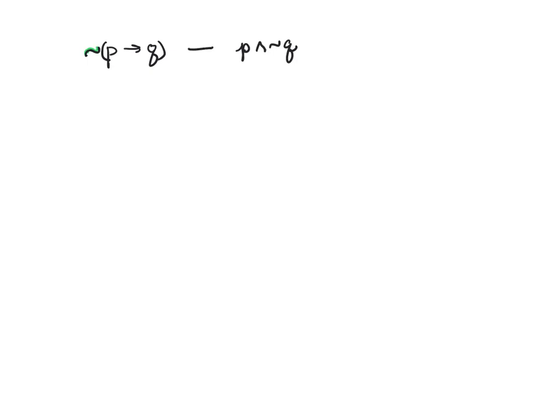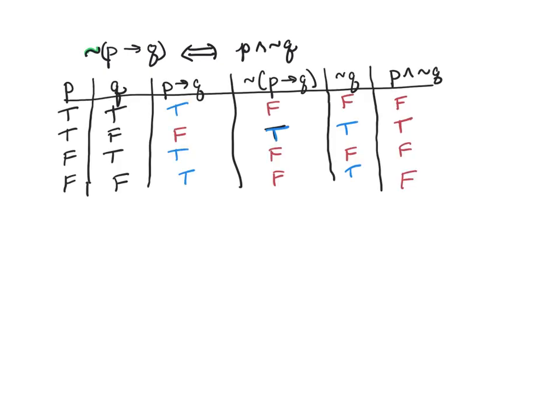And it turns out that these two should be logically equivalent. Let's try it in a truth table really quickly. I've made a truth table for the conditional, negated it, negated the Q, and then formed the conjunction between these two.